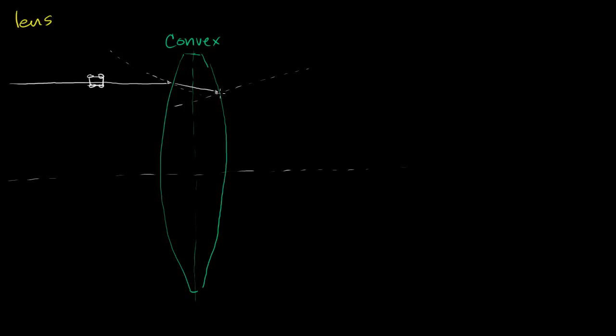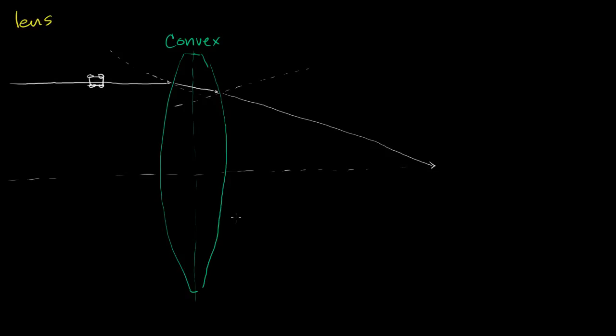And since the top tires are going to come out first, they're going to be able to travel faster. And so you'll be deflected even more downwards. So it'll look something like this. And the light ray would do something like that.